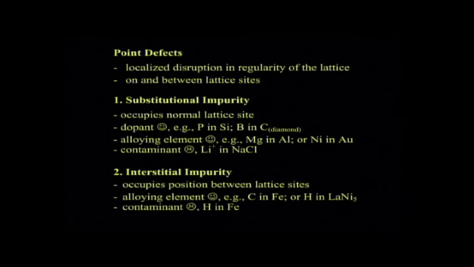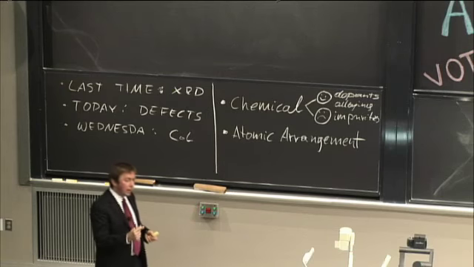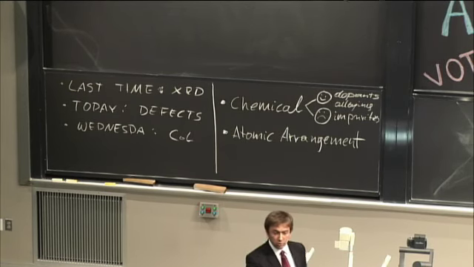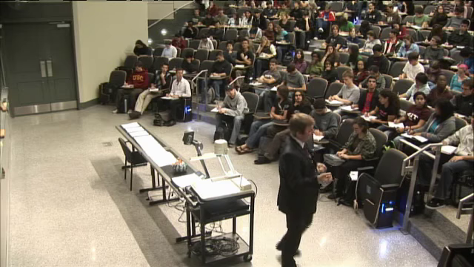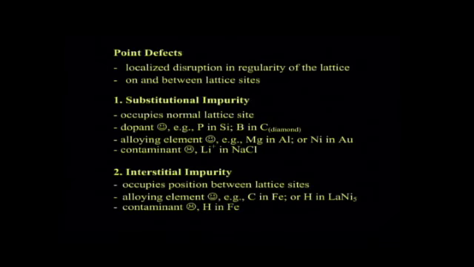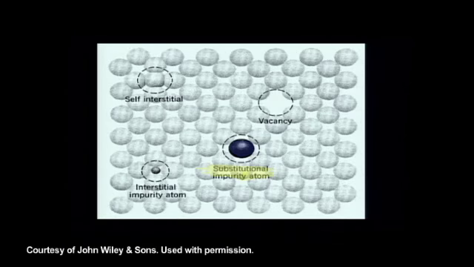So a crystalline lattice is a regular arrangement of atoms, and a point defect is a very local disruption in that regular crystalline arrangement. Those disruptions can occur on lattice sites, so basically on the positions where you would see atoms normally. They can also occur between lattice sites. So they're localized rifts, you can say, in the periodicity of a crystalline material.